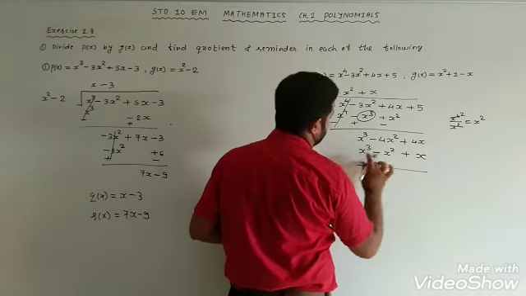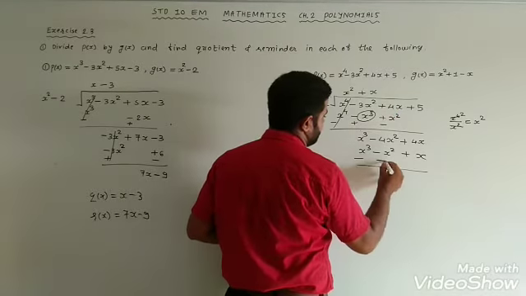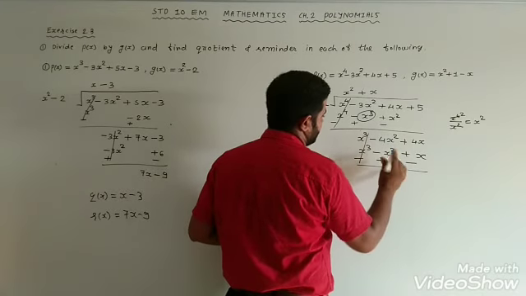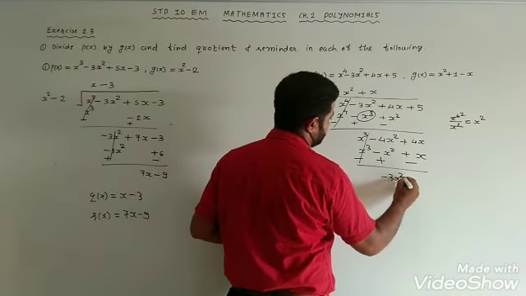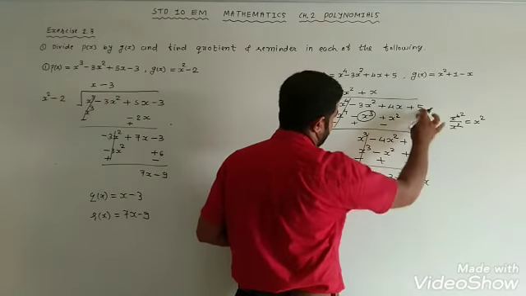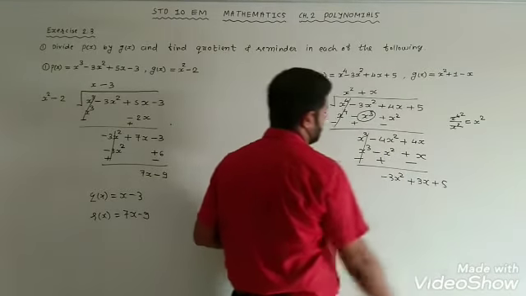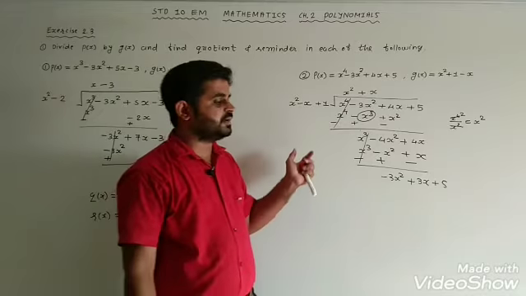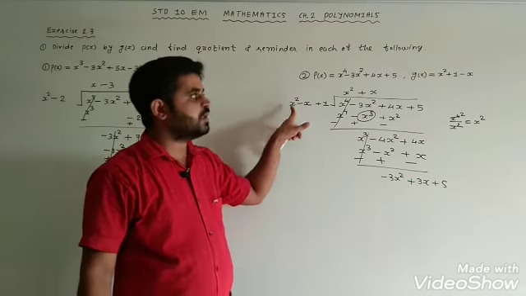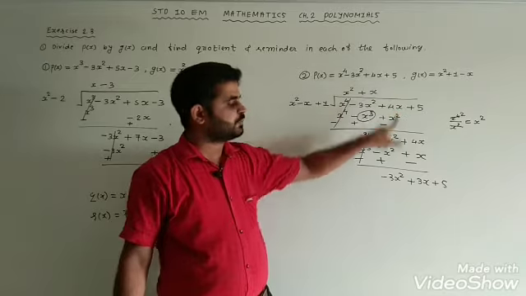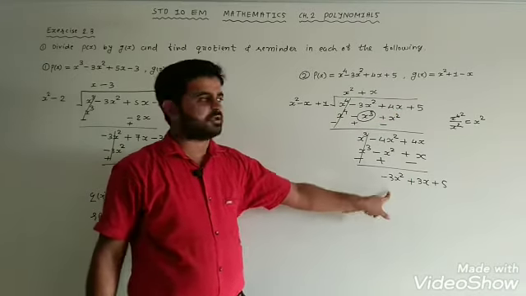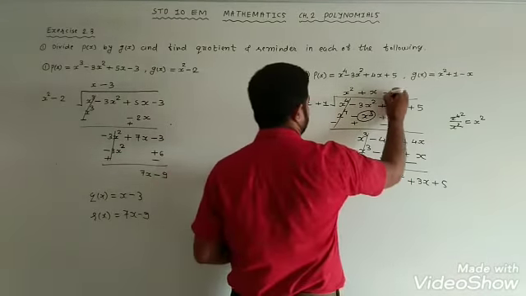Now you have to do the subtraction of this, so minus plus minus, this will be cut. Minus 4x square plus x square, we have minus 3x square, plus 4x minus x, we have plus 3x, and this 5 is here. Okay, now we have to do the division again. Minus 3x square is here and here is only x square, so what will be in the quotient? So that the multiple of this quotient gives minus 3x square, we have to write here minus 3.